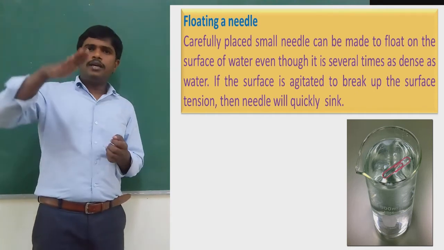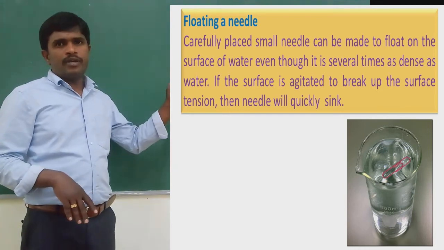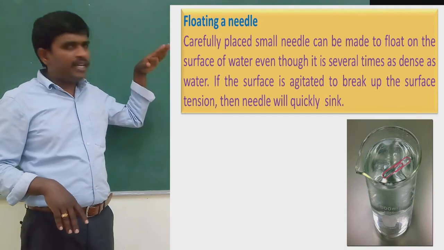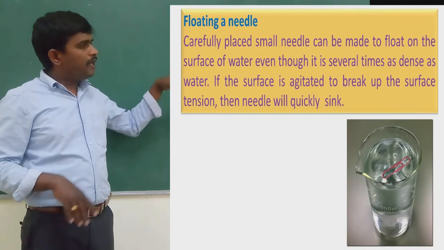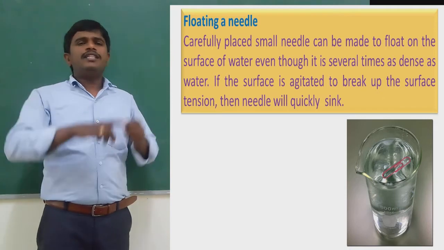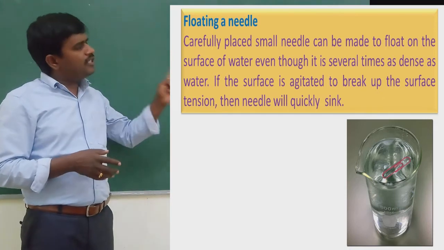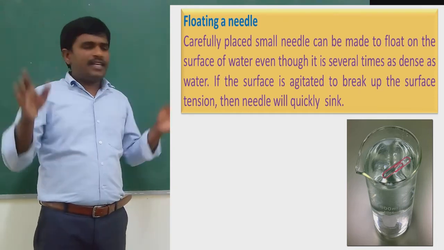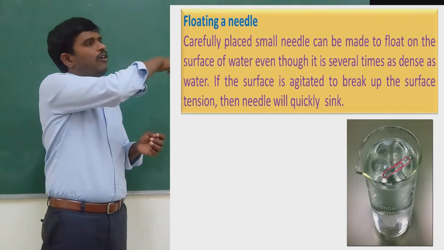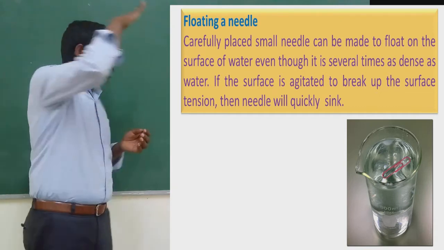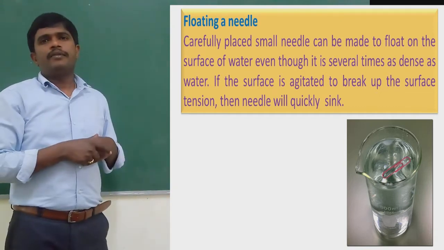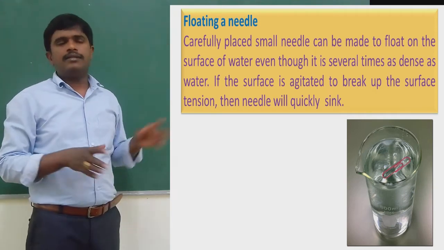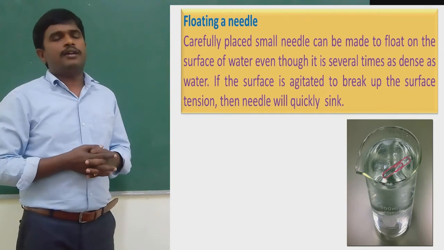That is, a carefully placed small needle can be made to float on the surface of water even though it is several times as dense as water. If the surface is agitated or disturbed to break up the surface tension, then the needle will quickly sink. This is another important example.